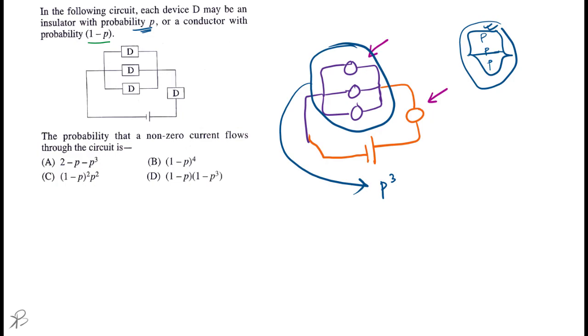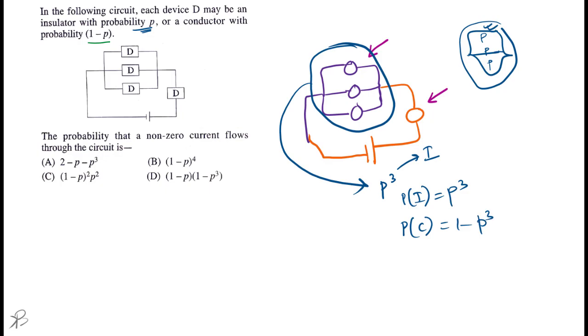So P cube is the probability that all of them are insulators for this circuit. So P of I is P cube. Then P of being a conductor will be 1 minus P cube.